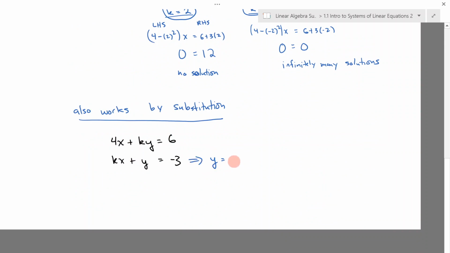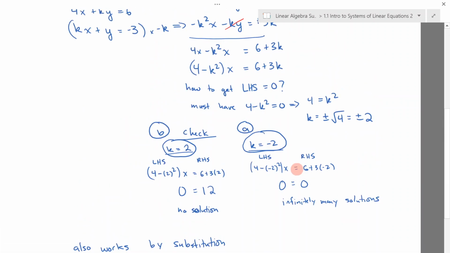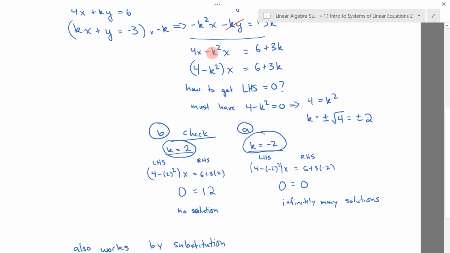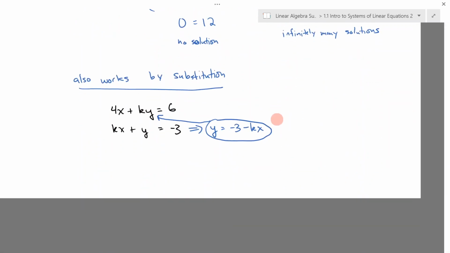So y is equal to negative 3 minus kx, and you can substitute it in for y here, then you get an equation with just x. If you proceed, it might not be exactly the same, but it'll look similar to what you have here with the x and the k. So you can continue from here. But again, I'm going to skip that calculation. But you can check it for yourself.